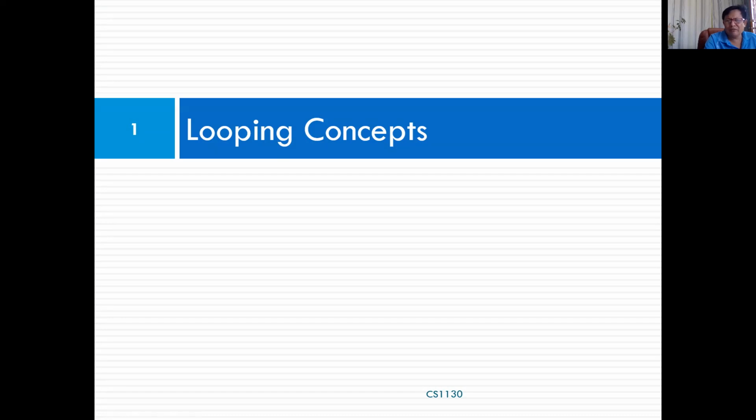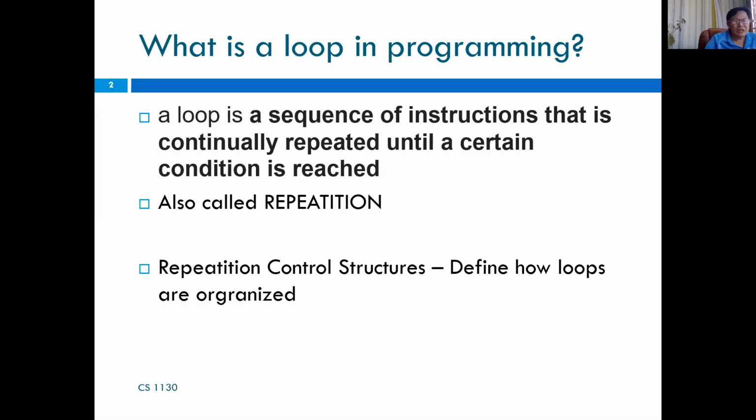Do you understand my point, everyone? Our main problem is there's no equivalent of CB in the IAS. Jump Plus is not compatible with CB. What is a loop in programming?